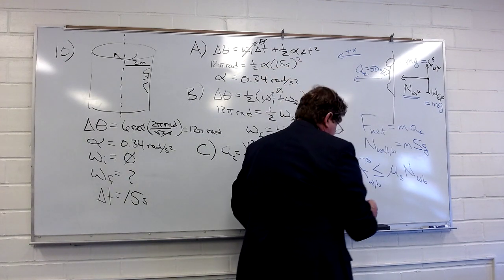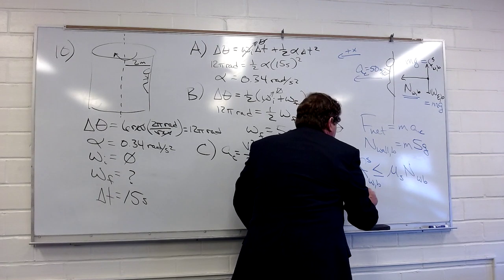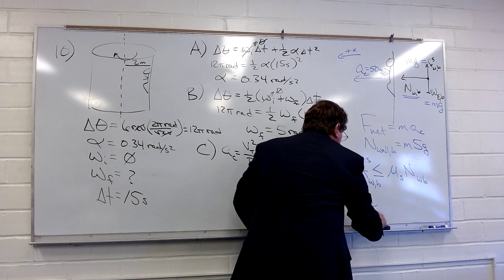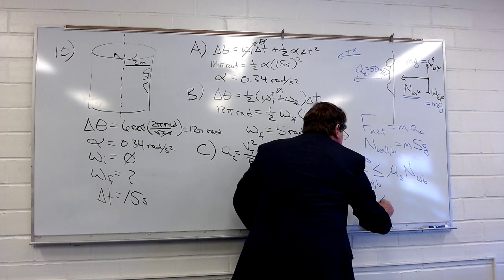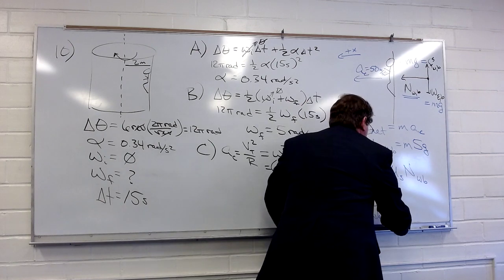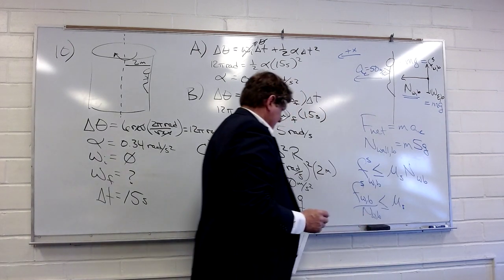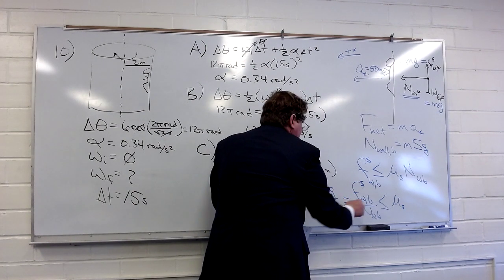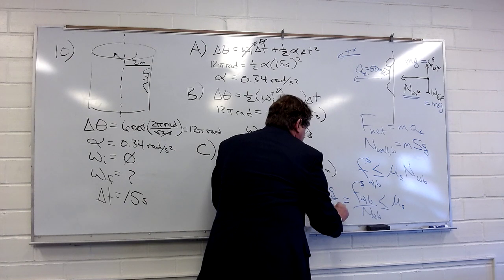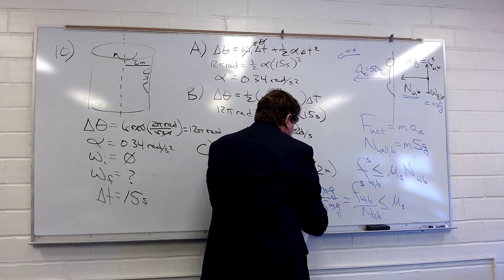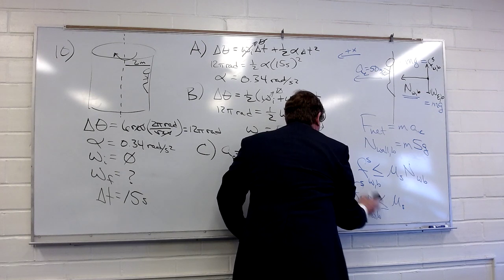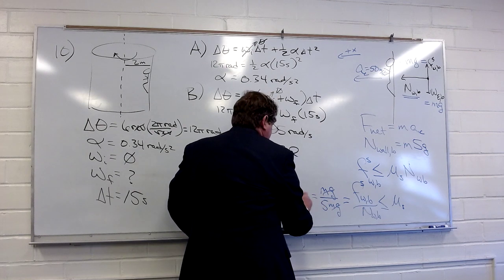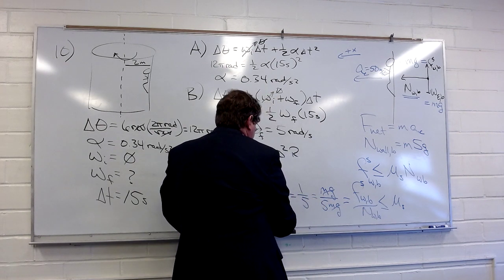Well, if I divide both sides by n, I get the static friction by the wall on Billy divided by the normal force by the wall on Billy is less than or equal to mu sub s. Now the friction force we said was m times g. The normal force we said was 5m times g. So this is going to be 1/5 or 0.2.